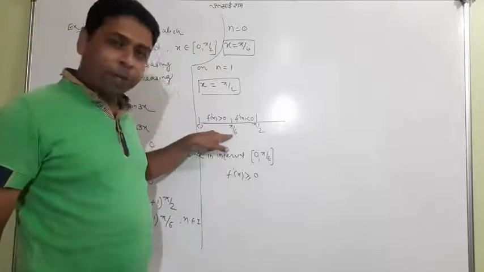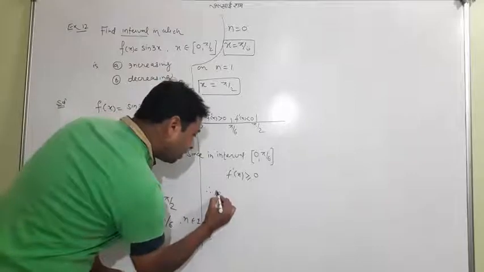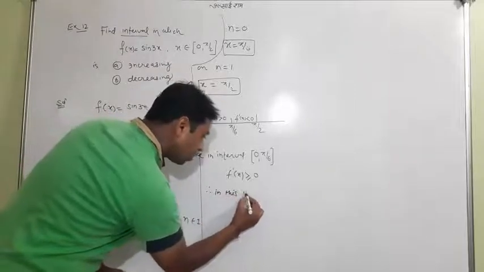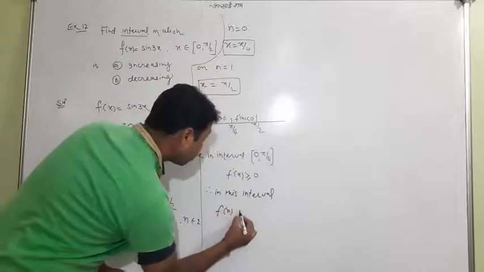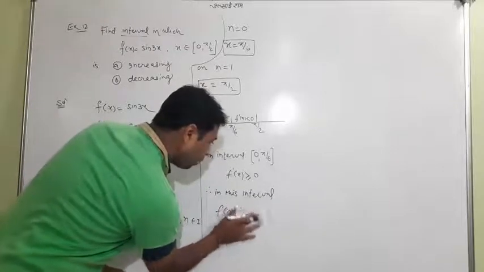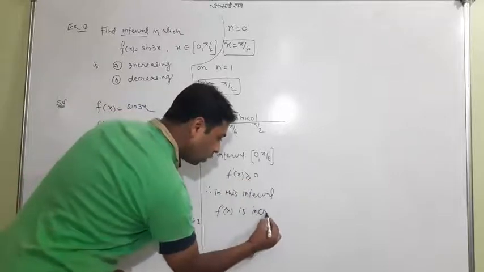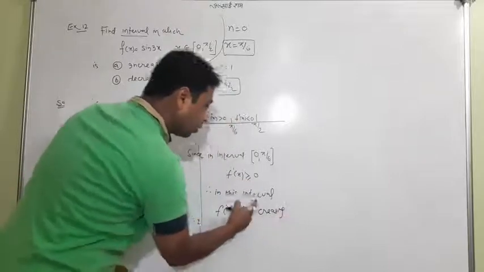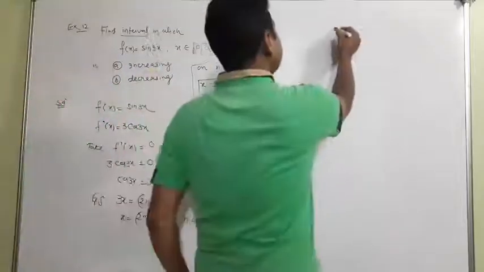And exactly at pi by 6, f dash x is equal to 0. So I'll say that in this interval, f of x is increasing, not strictly, because equal to 0 is coming. And we were told to find the interval in which it was increasing. We have got it.